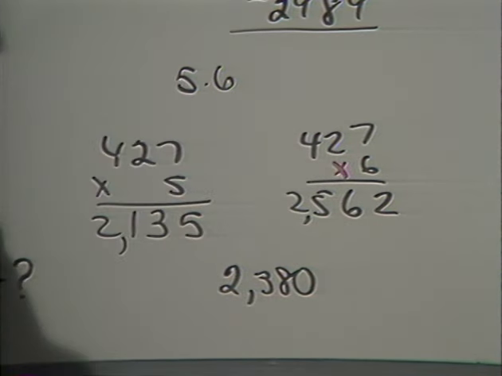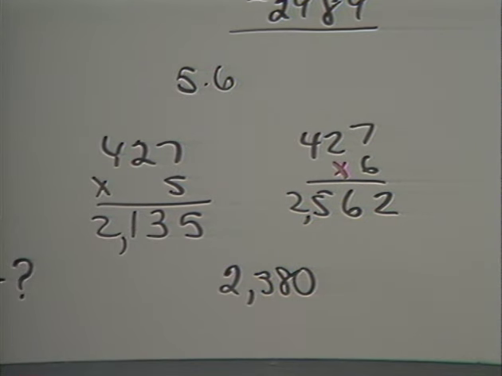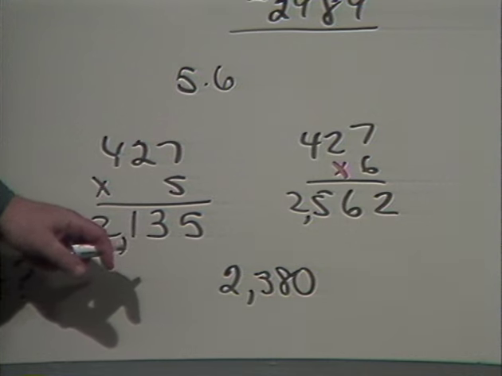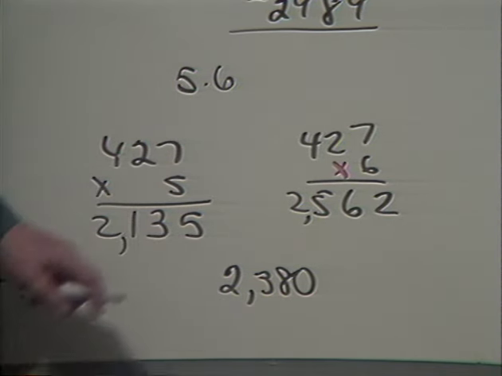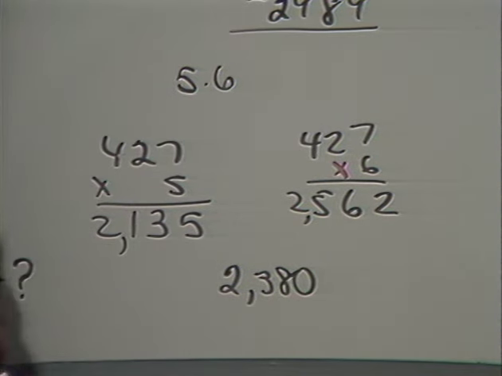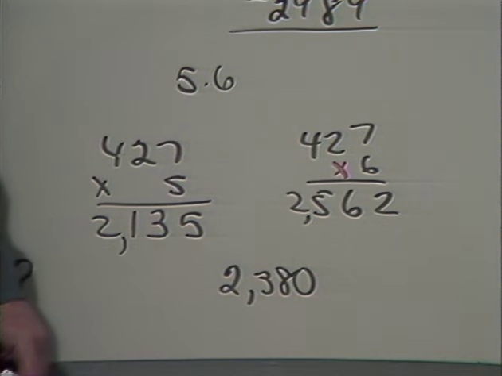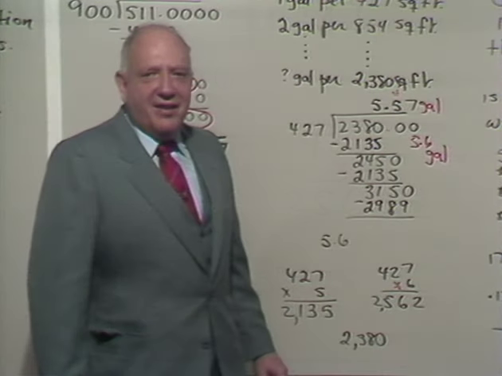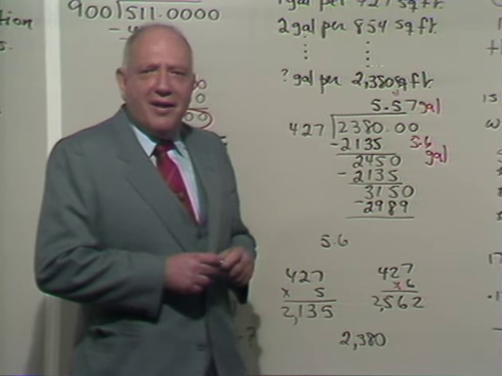That's going to be 2,562. How many square feet do you want to cover? 2,380. So it's like Goldilocks and the Three Bears again. We tried 5 gallons, but that wasn't enough. And we tried 6 gallons, but that was too much. And we tried 5.6, and to the nearest tenth, that was just right. So that's the fairy tale of Goldilocks and the paint.